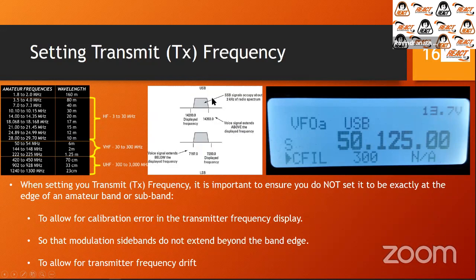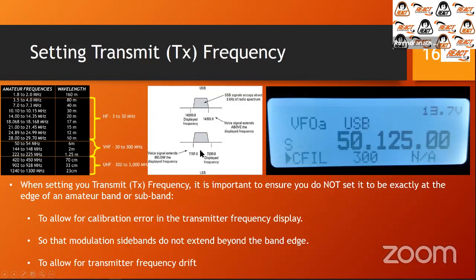The reason is, if you transmit on upper sideband on 14.200, your signal will occupy a space in the spectrum above 14.200. But if you make a mistake and switch to lower sideband, guess what? Your frequency will go below 14.200.